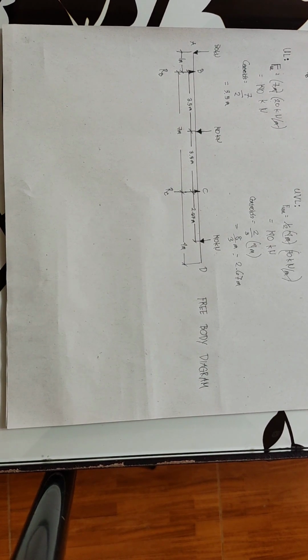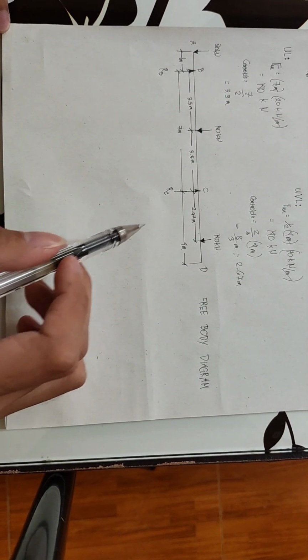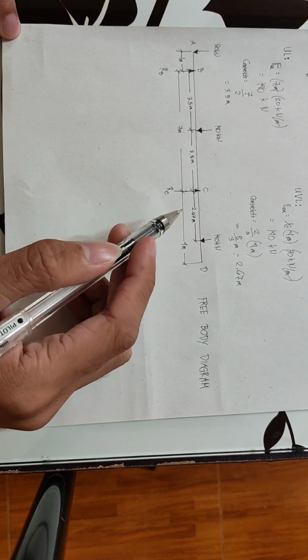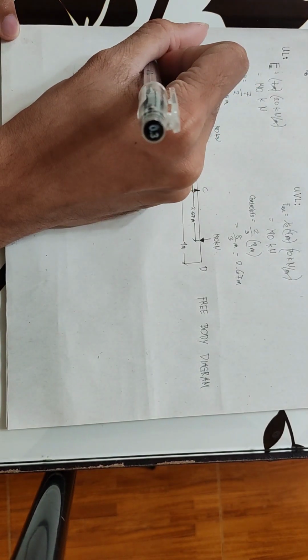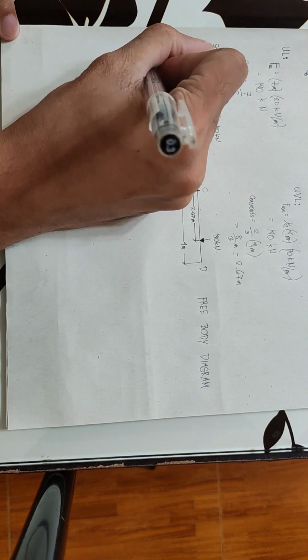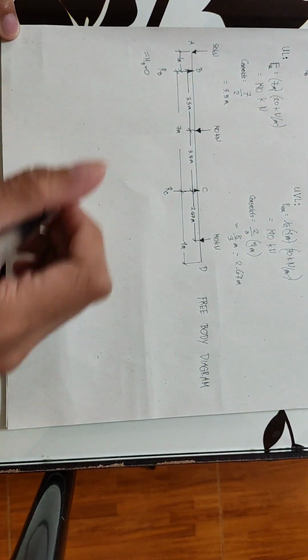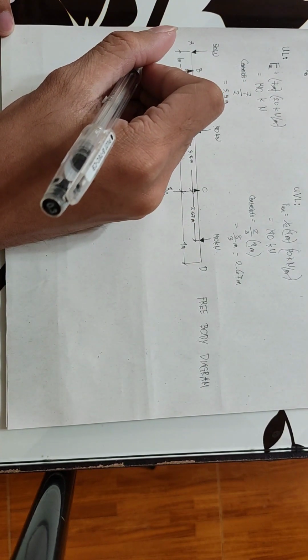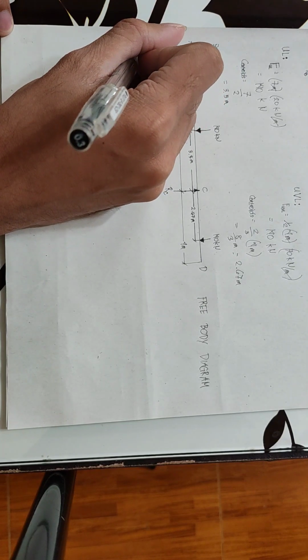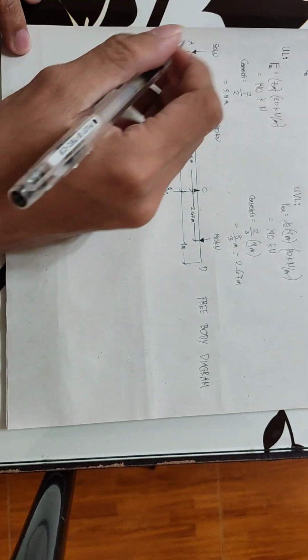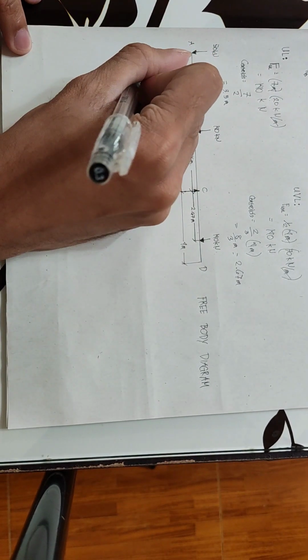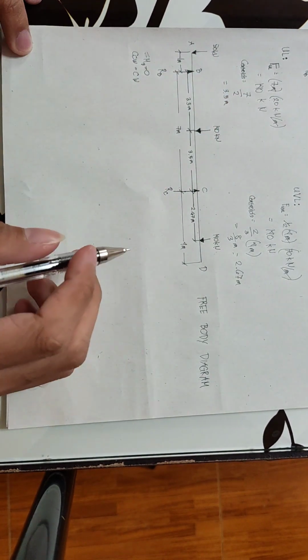To solve for RC, we're going to take moments at point B. So the summation of moments at point B is equal to 0. We're going to assign counterclockwise to the left side, and clockwise to the right side.